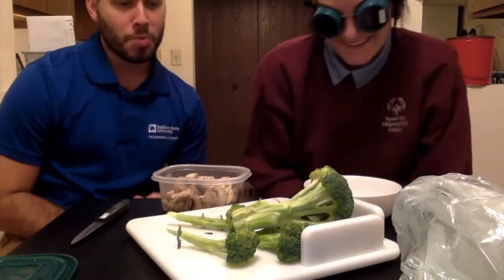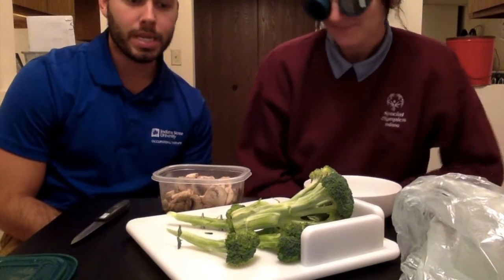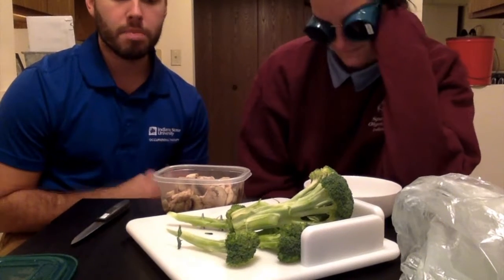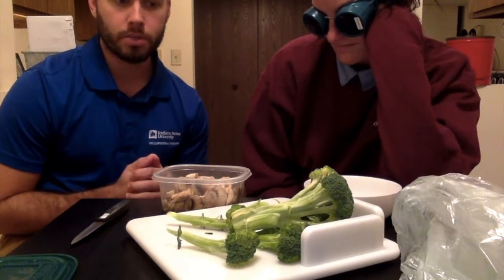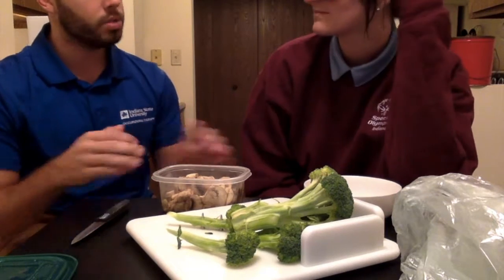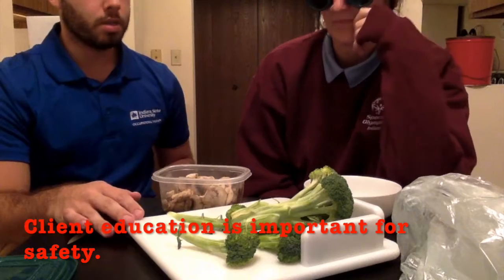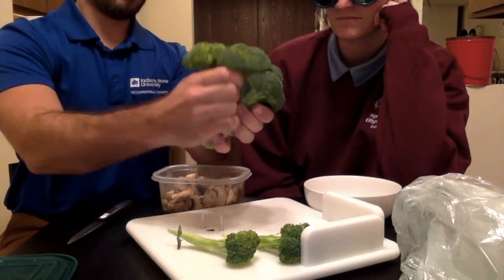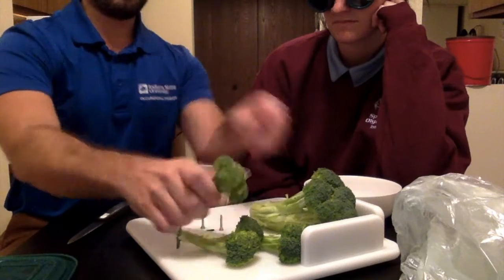All right, what we're going to do next, Sheila, is use this cutting board to cut some broccoli and some mushrooms for the sauce for our meal. I want to begin with making sure that you know how to use this cutting board to cut the broccoli. So we're going to tear off a piece of broccoli like so.